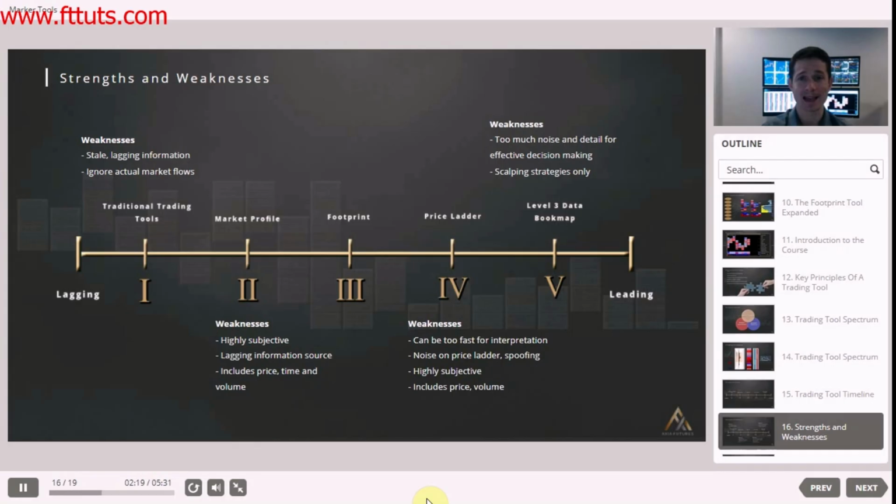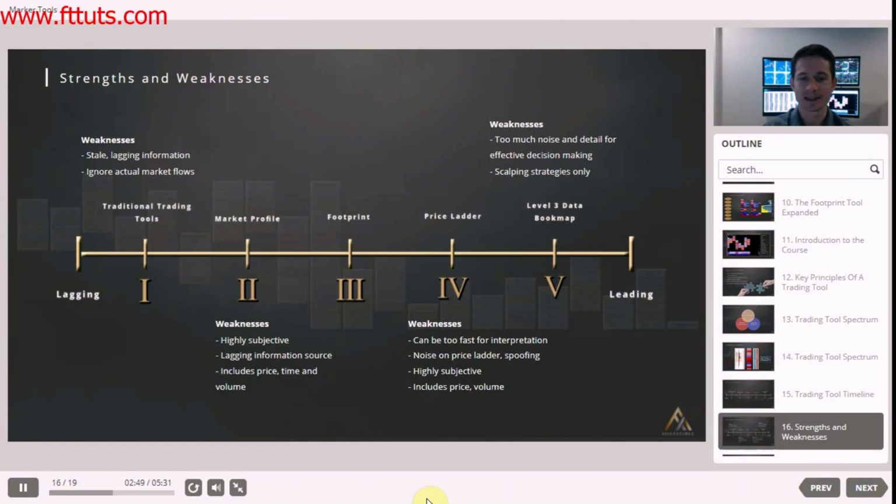In other words, as the profile is being developed, that information is obviously very lagging, because we need to wait for the completion of that profile before we can start to talk about principles around shape and pattern recognition. Also, the market profile includes only price, time, and volume. It doesn't include the interaction or the order flow within each price. Now, we're going to leave the footprint out at this stage, and we're going to talk about that on the next slide.